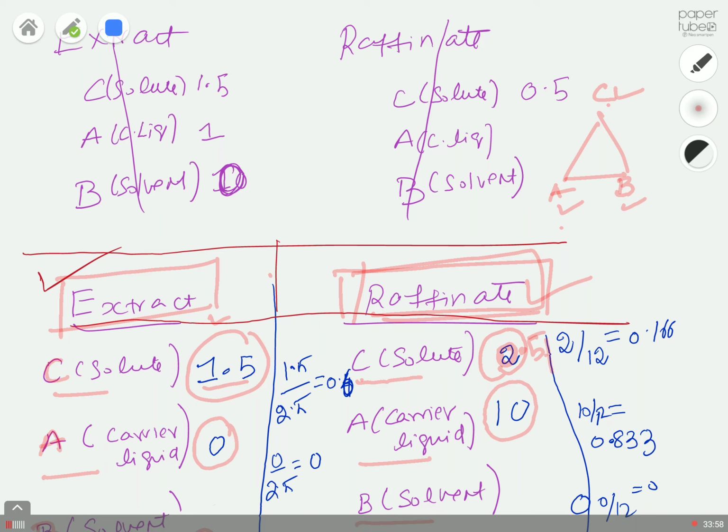And then your carrier liquid is 10. That's how you started, and you have this 10 here because almost nothing transferred from your carrier liquid to the solvent side because both are immiscible. And then B, which is your solvent, this should be 0, as I said, because they are completely immiscible.